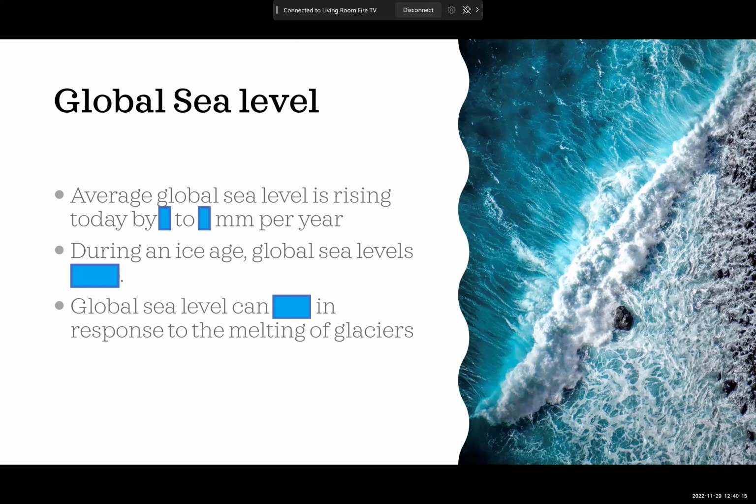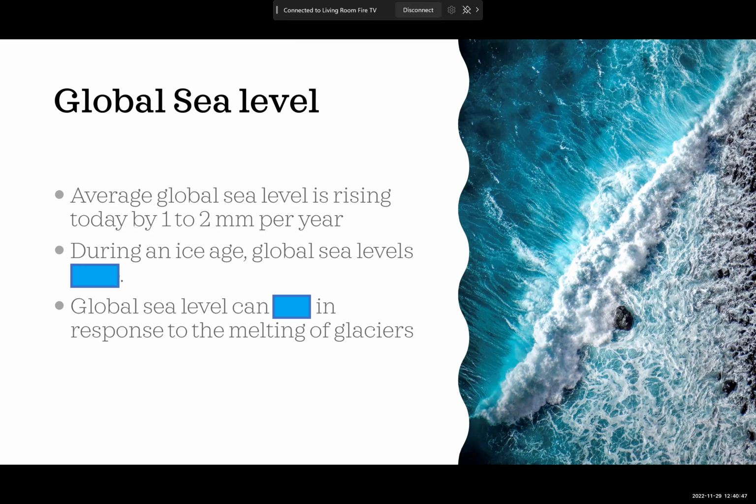So if we consider that as 0 when you're standing at the ocean, the average global sea level is rising by a certain amount. Do we know what? By how many? 2 feet per year? It's in millimeters. Do you know? Go wild, guess. Okay, it's actually rising by 1 to 2 millimeters per year. So think for a minute.